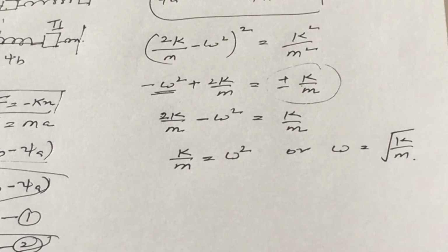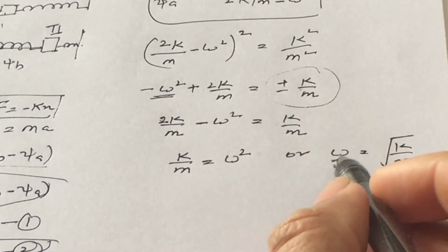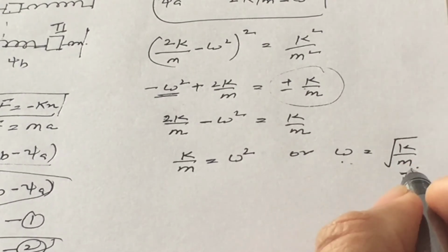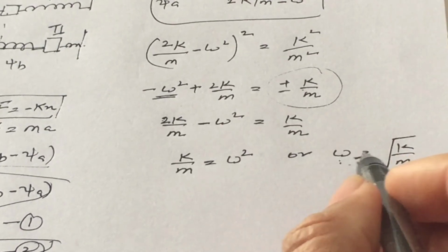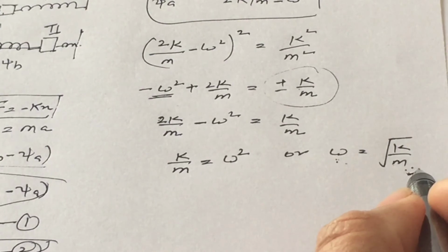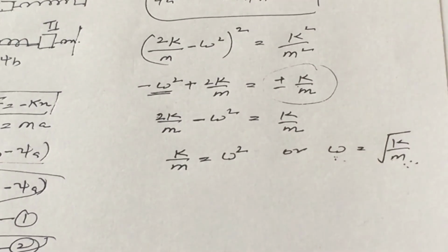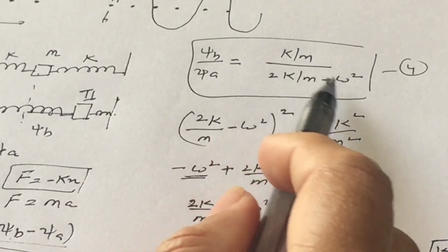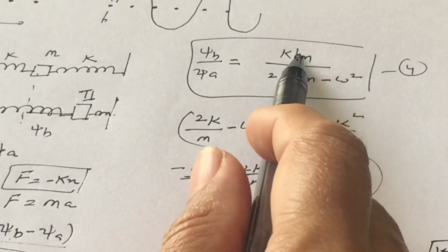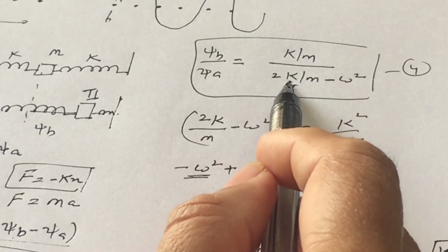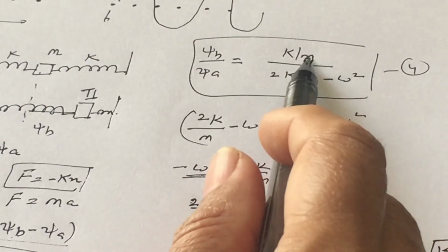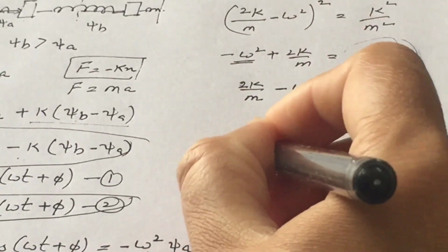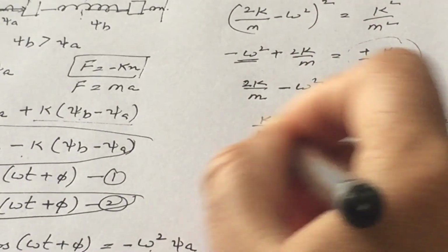It means if both the masses are oscillating with this angular frequency, where omega square is equal to k by m, then from equation 4, we will get 2k by m minus k by m, and we will have psi b and psi a both equal.